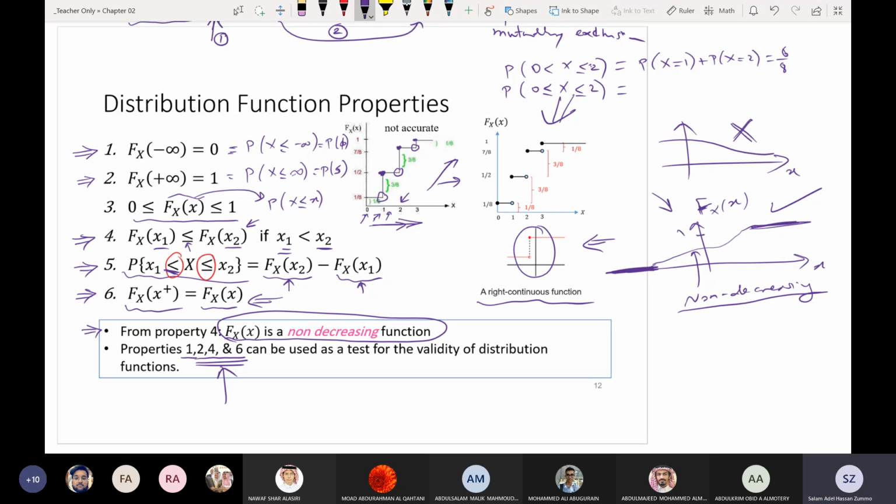إيش رأيك؟ إيش اللي اختلف الآن؟ We will include the zero event. Exactly, we will include the 0.